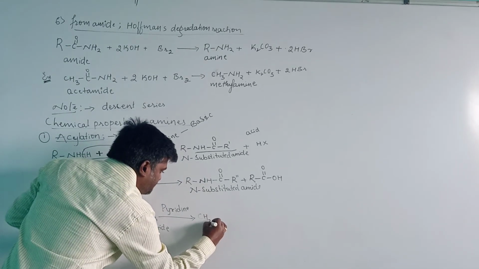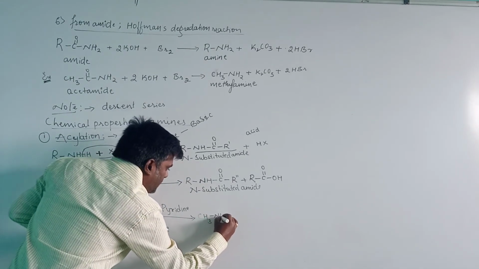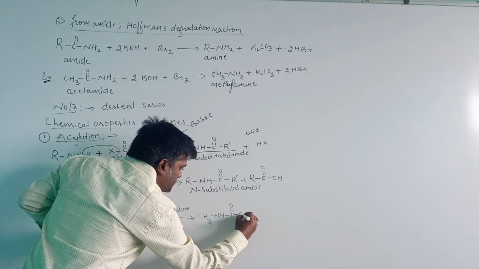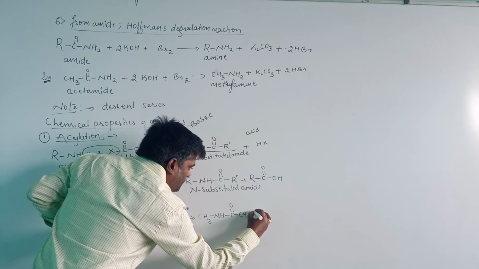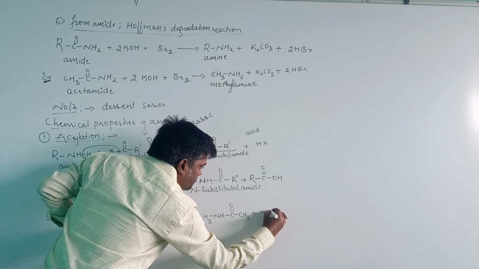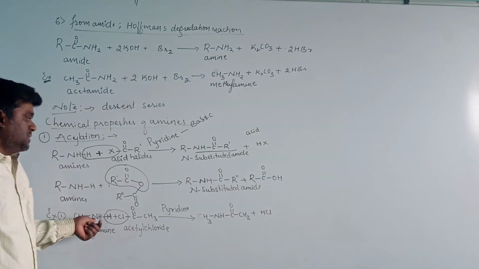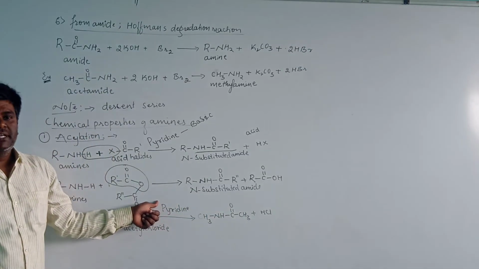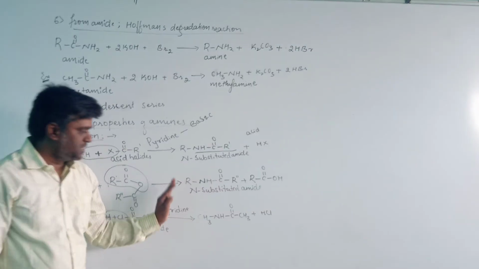CH3 NH C double bond O CH3, and the byproduct is the hydrogen chloride. This hydrogen chloride combines with the pyridine, which acts as a base, and accelerates the rate of reaction here.